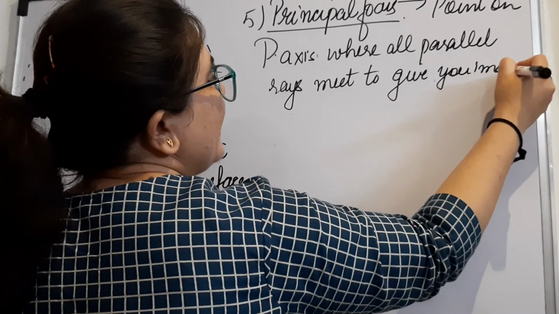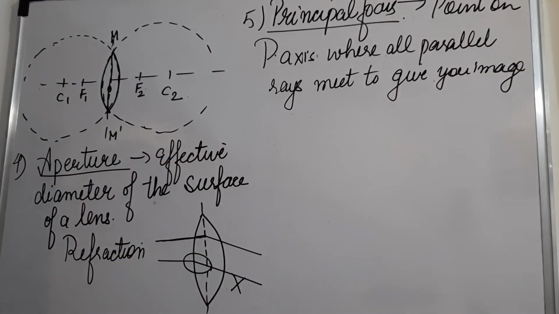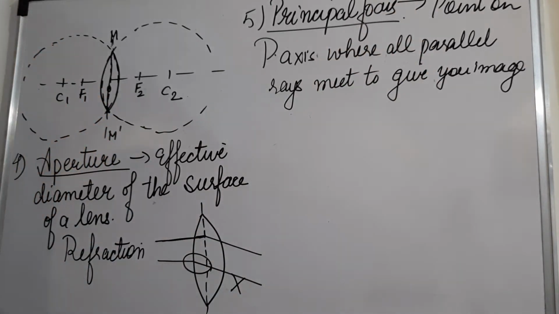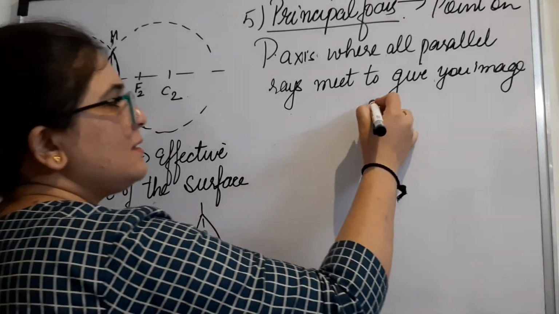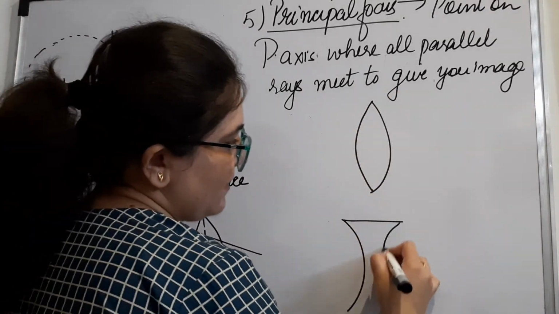Now here I am only talking about the convex lens. If you see what I have said, that point on the principal axis where all parallel rays meet to give you the image. Now this is a convex lens and this is a concave lens.